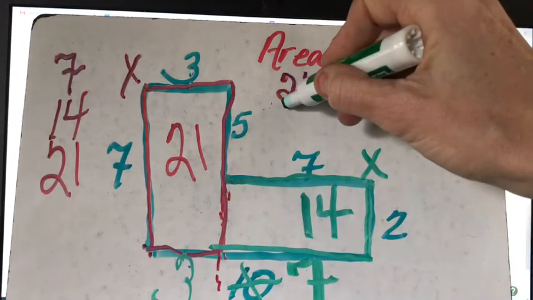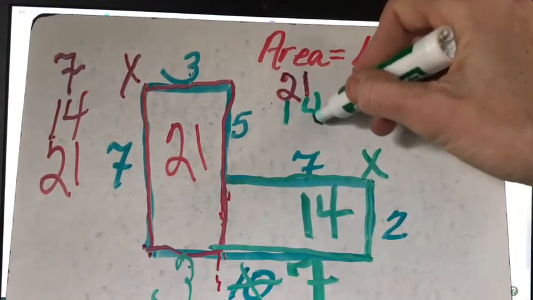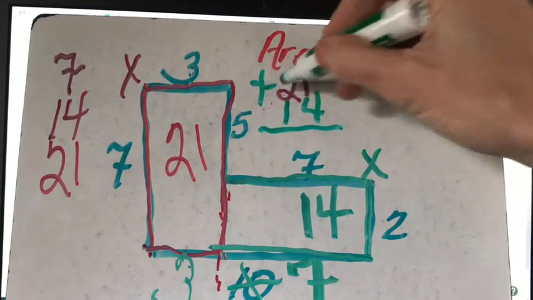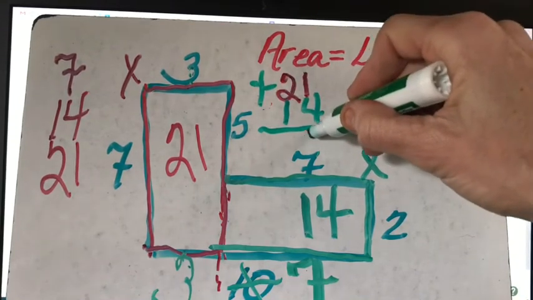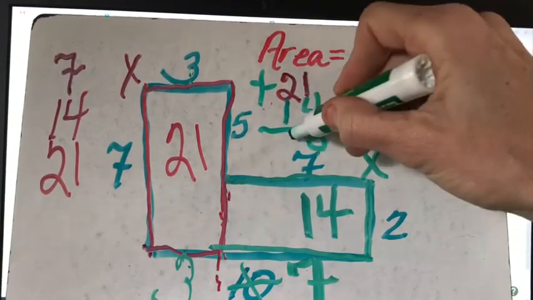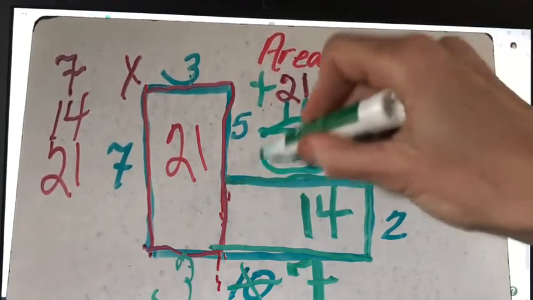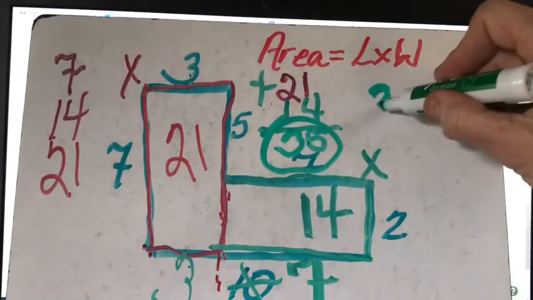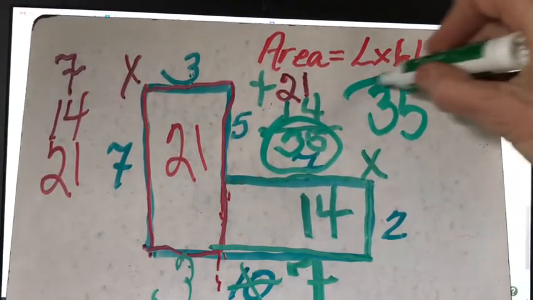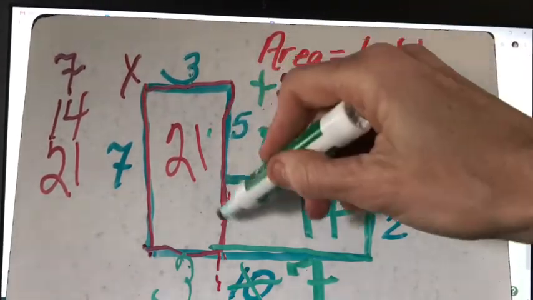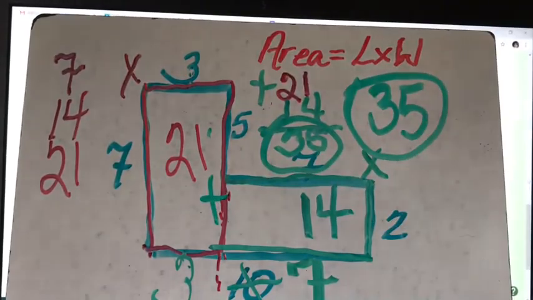The area of my second rectangle is 14. When I add those together, 4 plus 1 is 5, and 2 plus 1 is 3. So my final answer will be 35 when I add 21 plus 14.